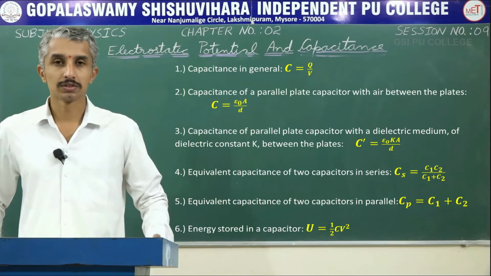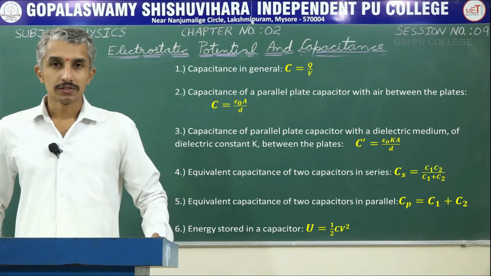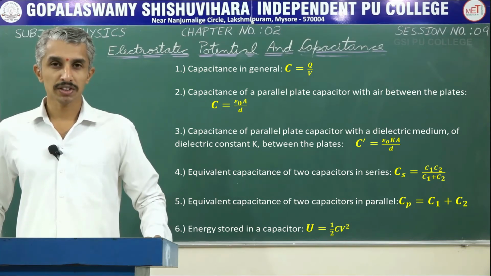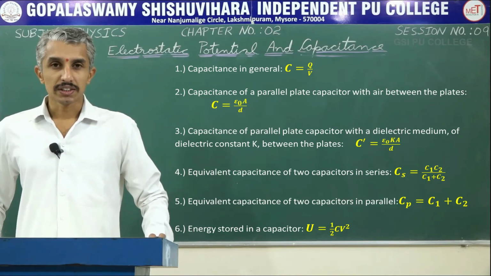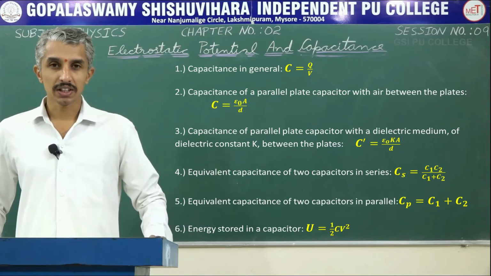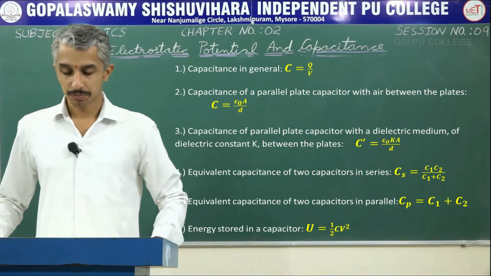parallel plates. For the same capacitor, if we introduce a dielectric medium between the plates, then capacitance becomes epsilon naught into K into A divided by D, where K is called the dielectric constant or relative permittivity of the dielectric medium.